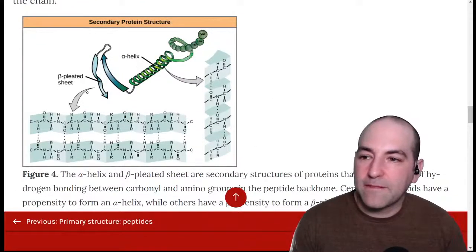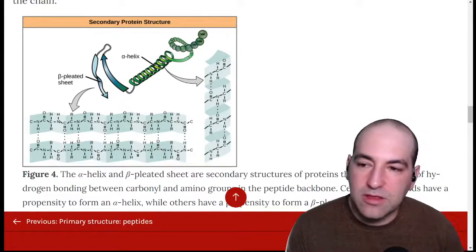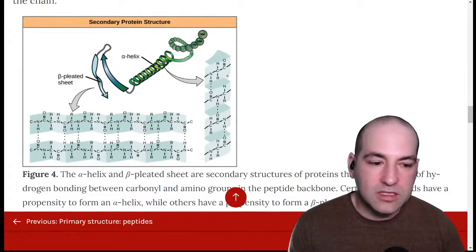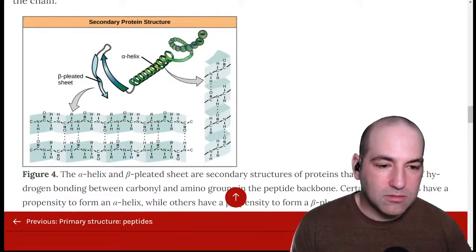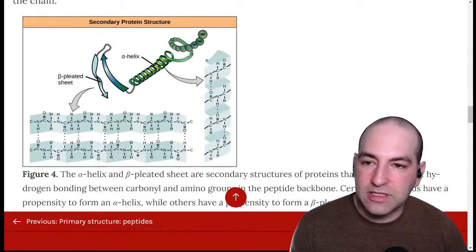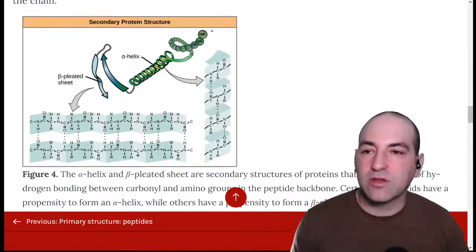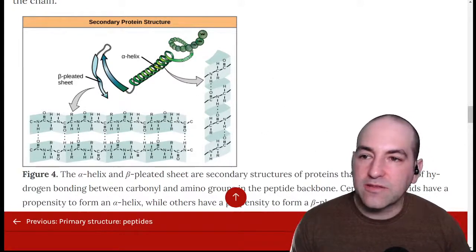Alpha helix, beta pleated sheet. Either the chain ends up making this sheet that can hydrogen bond with another sheet, or it ends up making this twisty form, which is called an alpha helix. And it's generally those prolines that cause this thing to twist around like that. That's called the secondary structure.